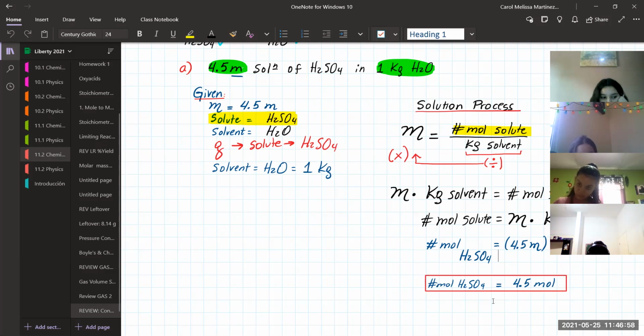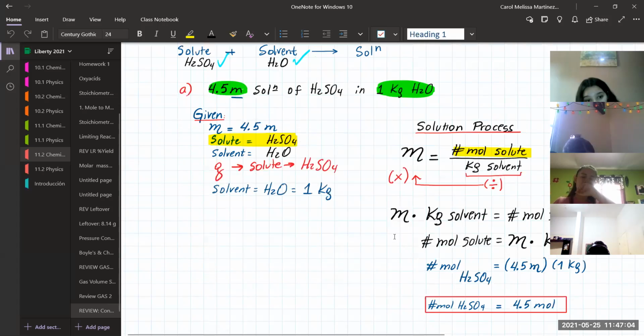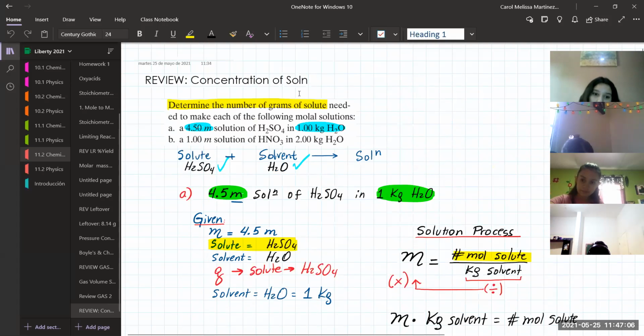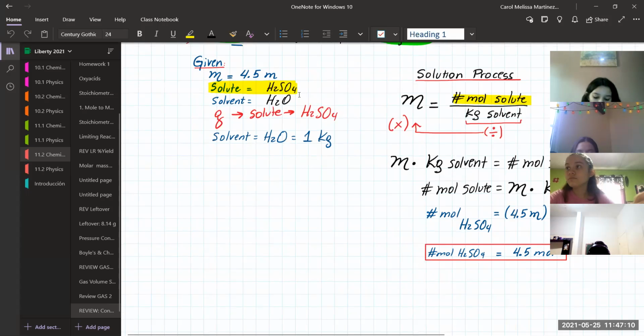Now, what comes next? Remember, the problem is not asking you for number of moles, it's asking you for number of grams of solute. So that means that in the end, from the number of moles, you will need to get grams.